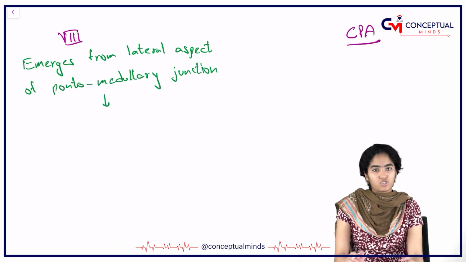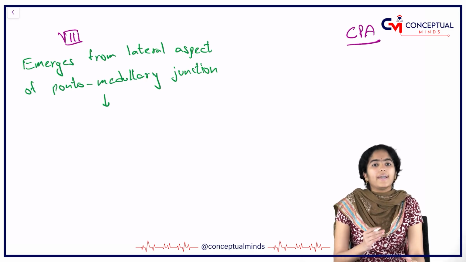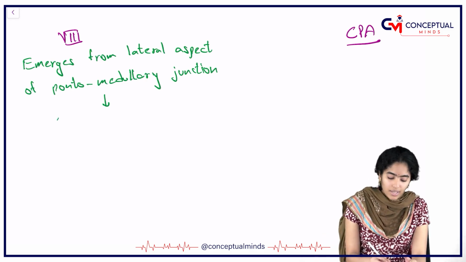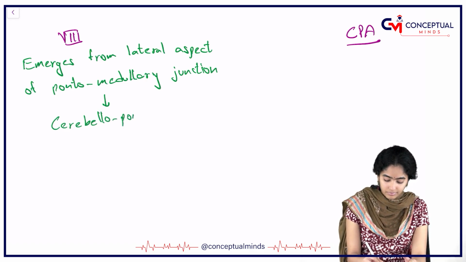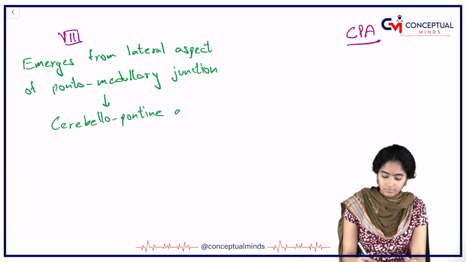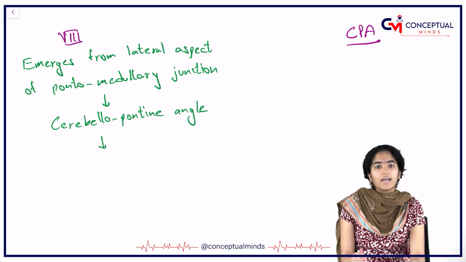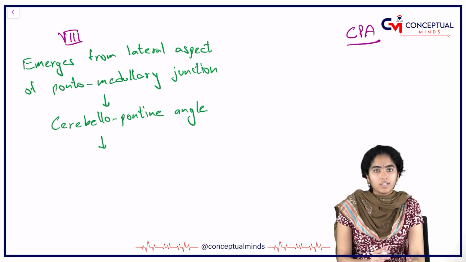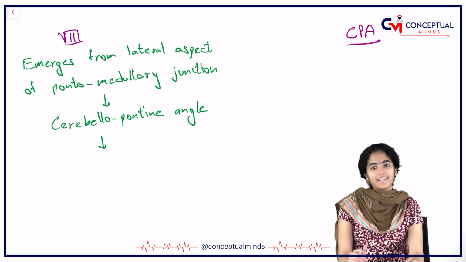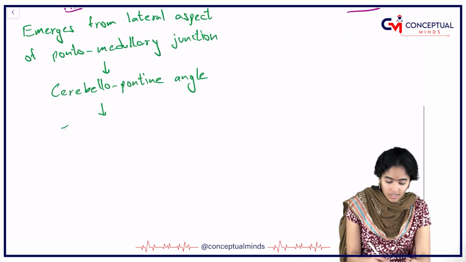After it emerges from that area, it goes forward into the cerebellopontine angle. Further on, it divides into vestibular nerve and cochlear nerve and then enters the internal acoustic meatus.